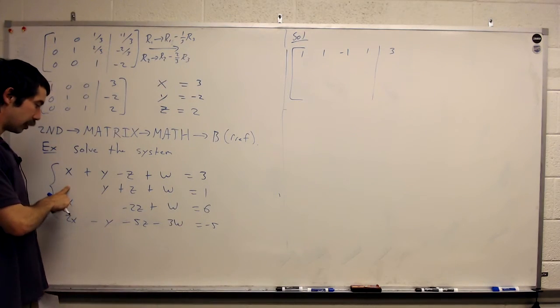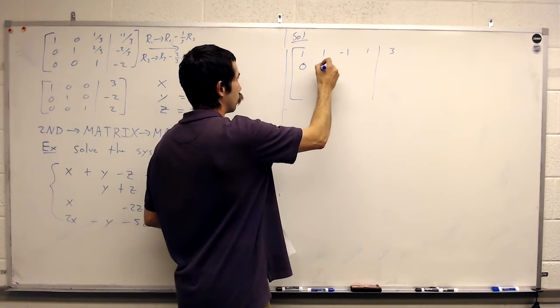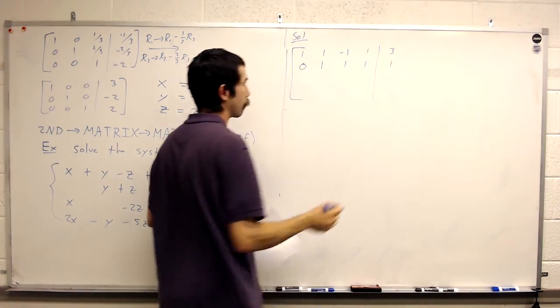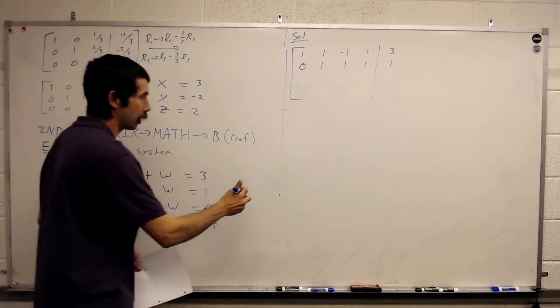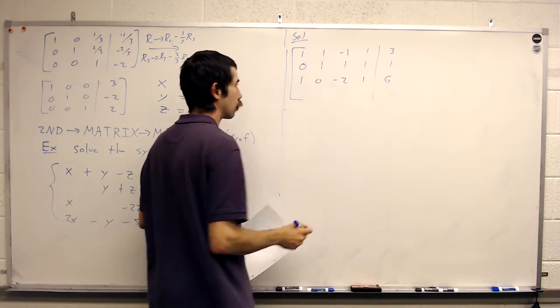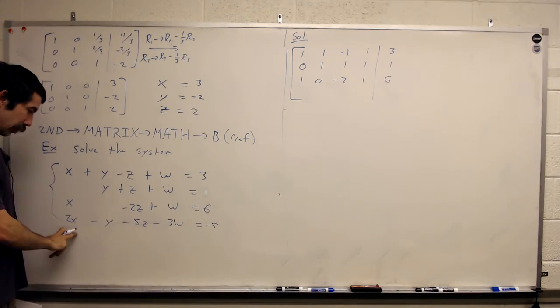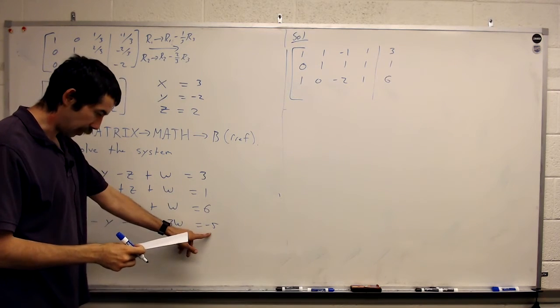The next row is 0, 1, 1, 1, 1. Then 1, 0, minus 2, 1, 6. And 2, minus 1, minus 5, minus 3, minus 5.